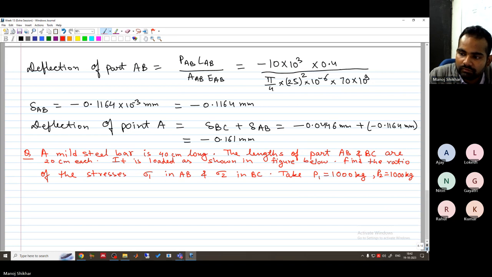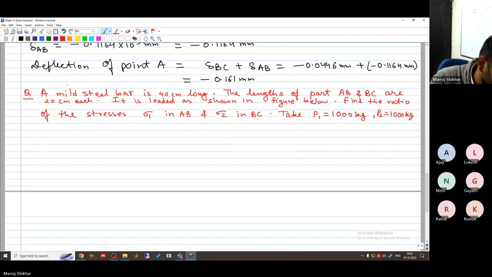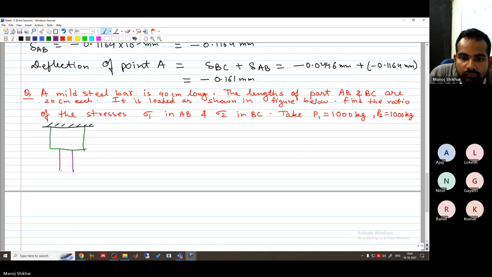So the figure is something like this. So they're both made up of steel, and this is 0.2. This is 0.2.